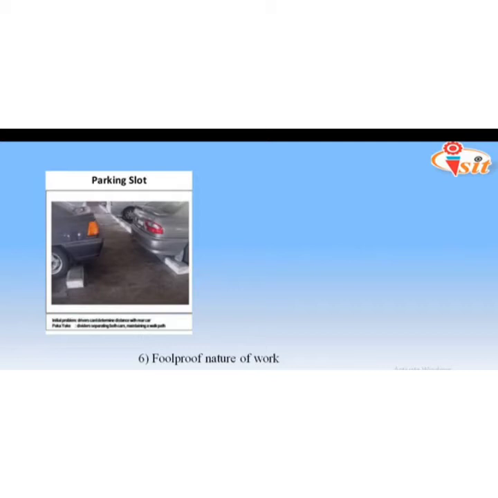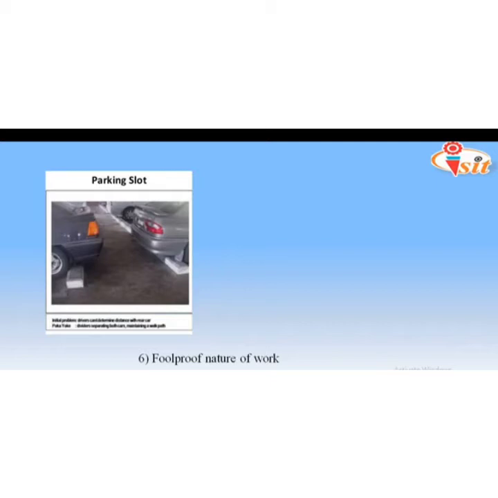As a result, due to the dividers, the drivers will now be able to park their cars very easily, and at the same time a suitable distance will be maintained between the cars so that any person can easily walk through that walkway. So this was about the first example.